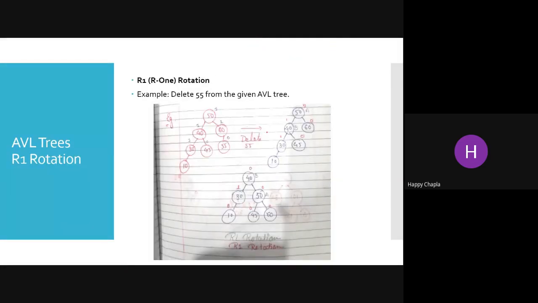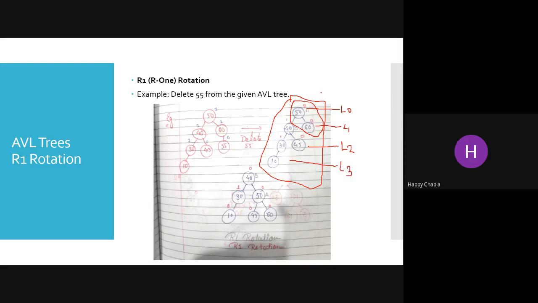Yes, so here you can see this in this example. If you look at the right subtree, this one, at which level is its leaf node? This is your level number 1, this is your level number 0, this is your level number 2, and this is your level number 3.